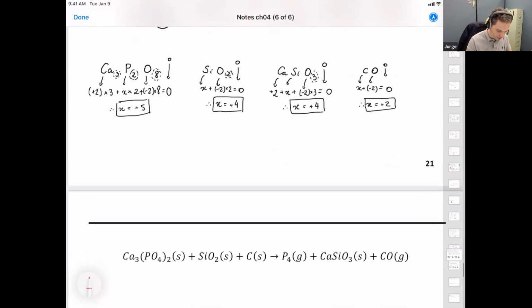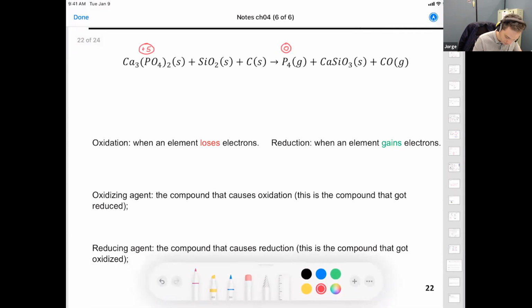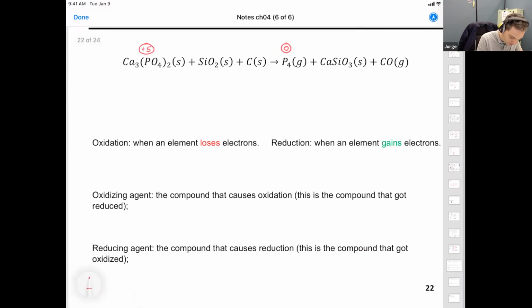So now it's a good point to introduce the concepts of oxidation and reduction. I'm going to write here again the oxidation numbers for only the elements that are changing during the reaction. So we have here phosphorus going from 5 plus all the way down to 0.